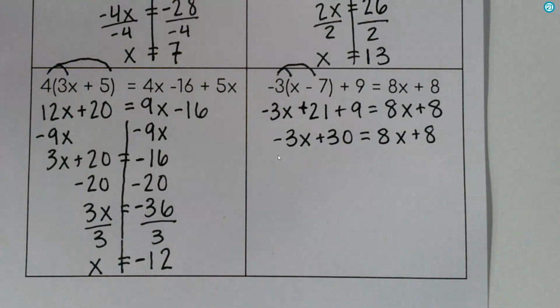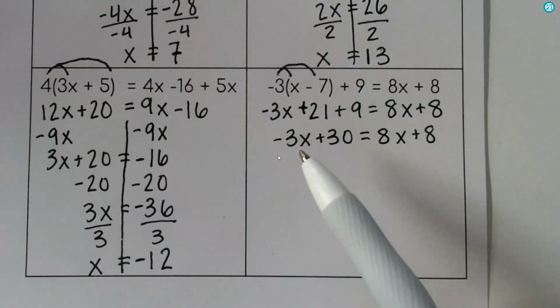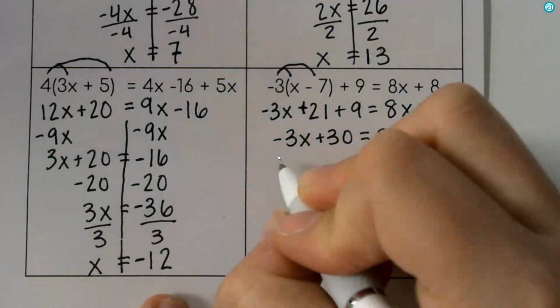Okay, I'm going to retract what I said. I'm going to move my x's to the right. I know I said I would always move my x's to the left. You have 4 examples of that. I want to show you guys, it's so much easier for the negatives on this one to do this. It's going to be way easier. So instead of subtracting the 8x, I am going to choose to add the 3x.